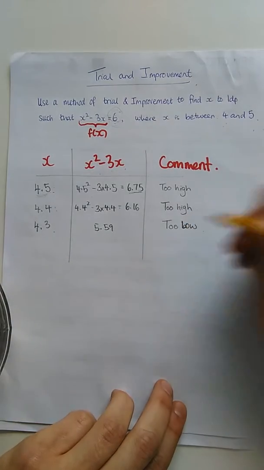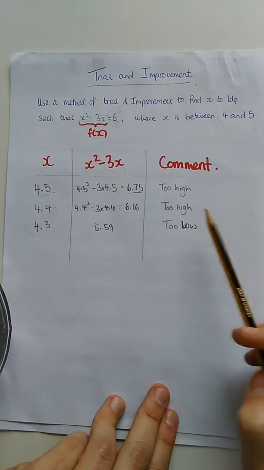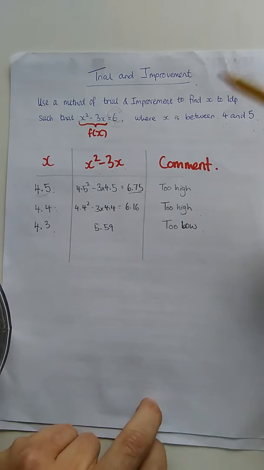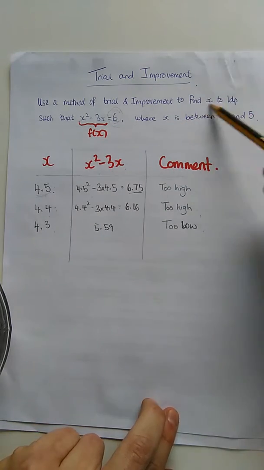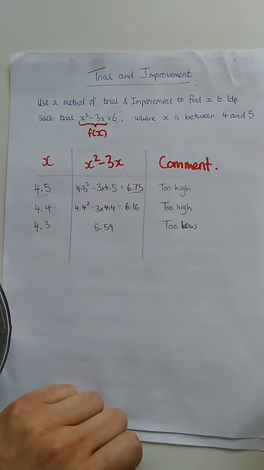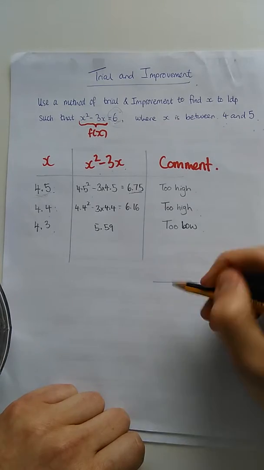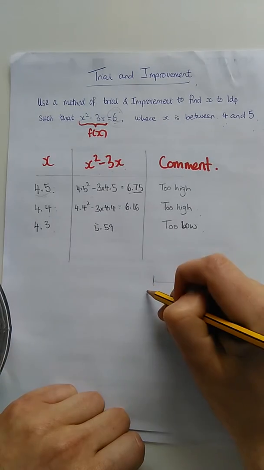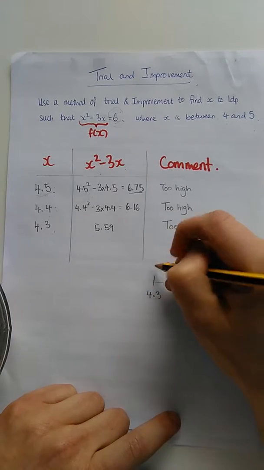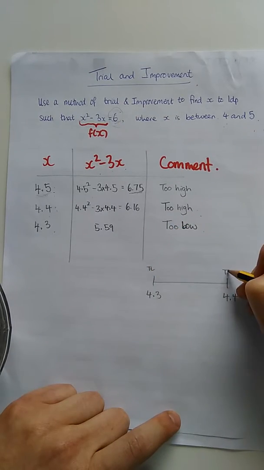Okay, so 4.4 is too high and 4.3 is too low. So I know that my value of x to one decimal place is going to lie between 4.3 and 4.4. So let's draw a number line of that. Okay, so if I have 4.3 here, 4.4, this is too low and this is too high.